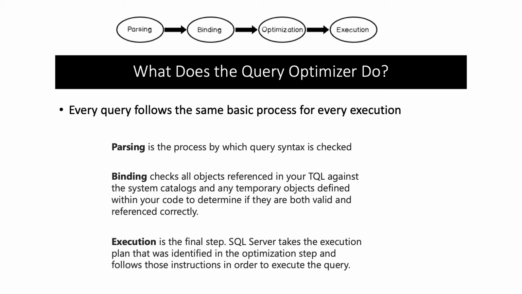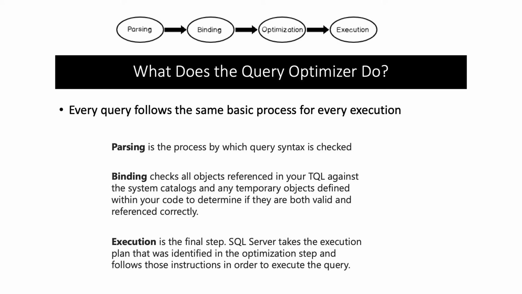Binding checks all objects referenced in your T-SQL against the system catalogs and any temporary objects defined within your code, to determine if they are both valid and referenced correctly. Third comes optimization, which we will look into briefly in our next slide.